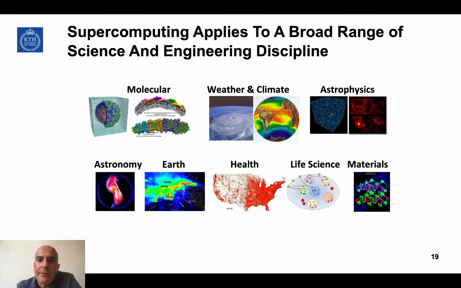All the weather forecasts that you see on TV or listen to on the radio come from simulations on supercomputers. Also astrophysics, trying to answer questions about our universe, relies today on HPC systems. So astrophysics, astronomy, space weather, and Earth science.